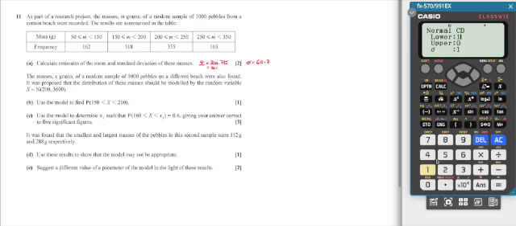My lower is 150, my upper is 210, my standard deviation is root 3,600, and I'm sure a proper statistician will tell me why we don't put the standard deviation in the distribution. And my mean is 200. That gives me a probability of 0.364.